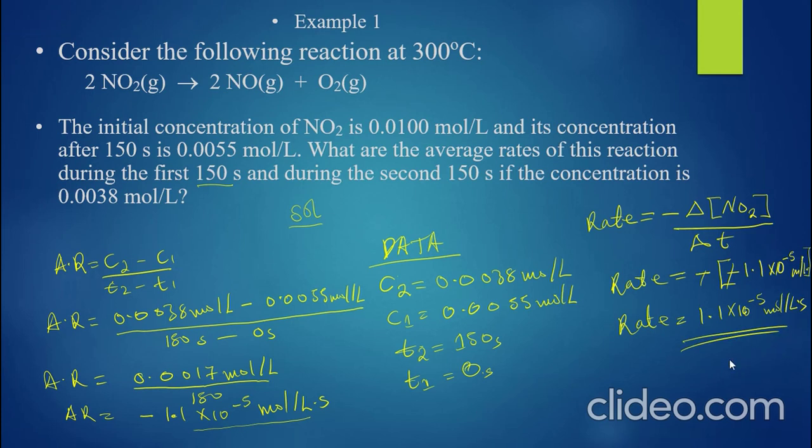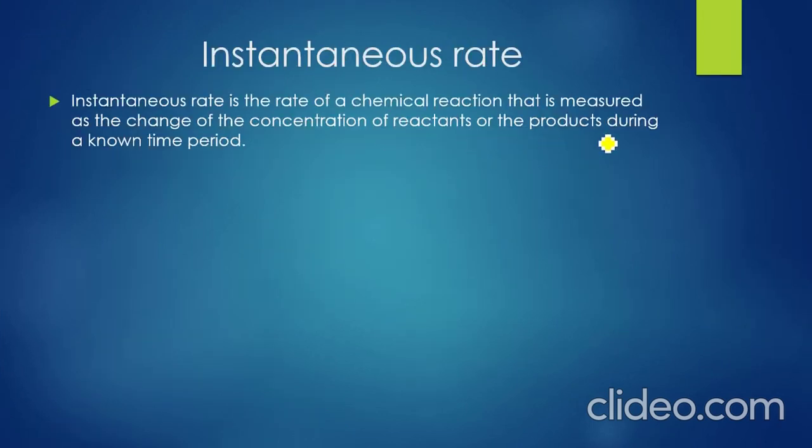Okay, so let's go direct now to the instantaneous one. Okay, now let's look at the instantaneous rate. So instantaneous rate is the rate of a chemical reaction that is measured as the change of the concentration of reactants or the products during a known time period.